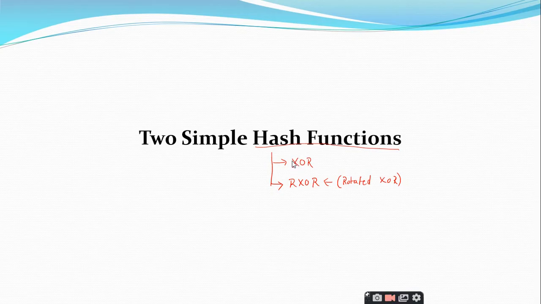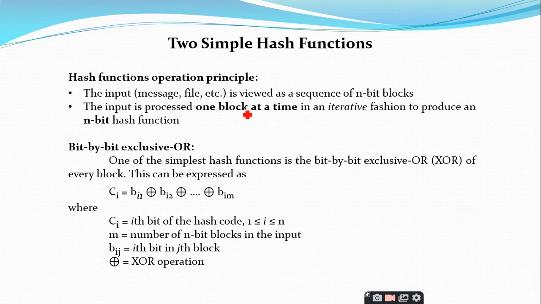We should know the general principles. Every hash function you take operates on these general principles. The first one is the input, which can be a message, file or text, anything is possible.